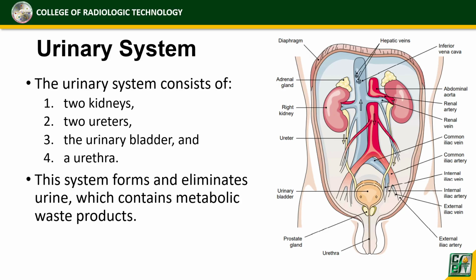So doon dumadaan yung ating urine, urethra. Wag lang malilito between ureter and urethra. Okay? So pag sinabing ureter, ito ay anatomical structure that connects the kidney and the urinary bladder.